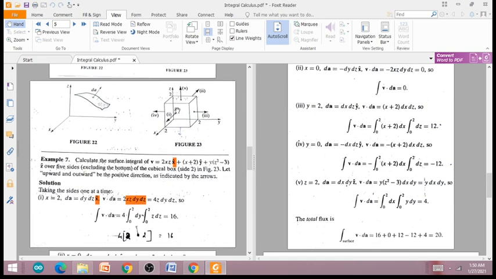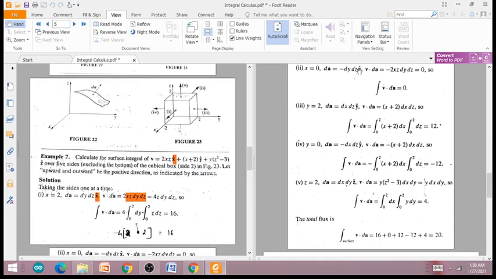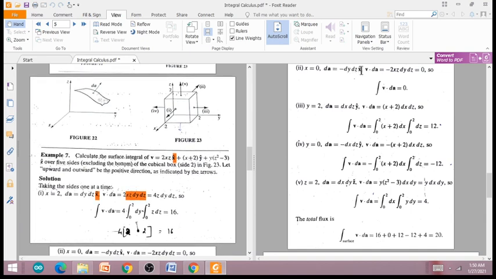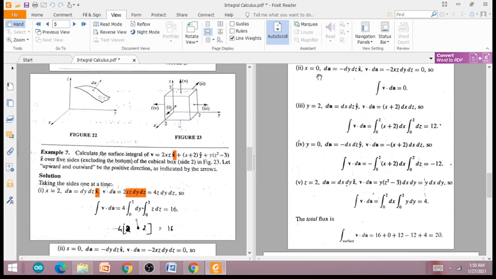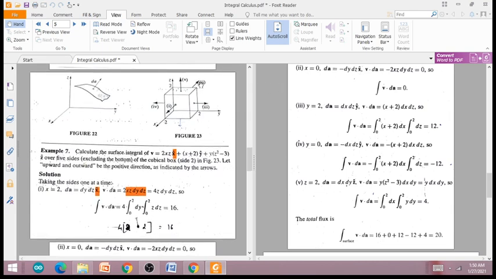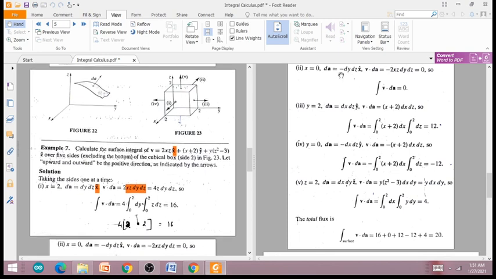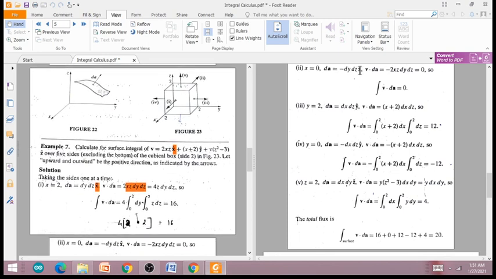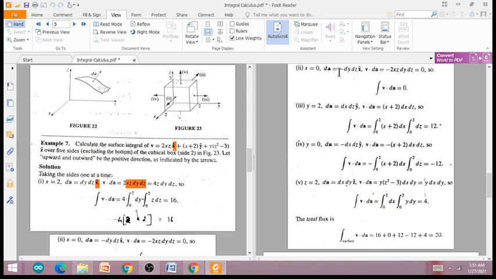So यहाँ पे dA क्या आएगा? The plane is lying in the yz plane, so dy dz x cap. But still it is coming negative. If you look at the direction of the 2, so it is a negative x direction. So negative unit vector x के opposite में है, so it become a negative one. So that is your dA.